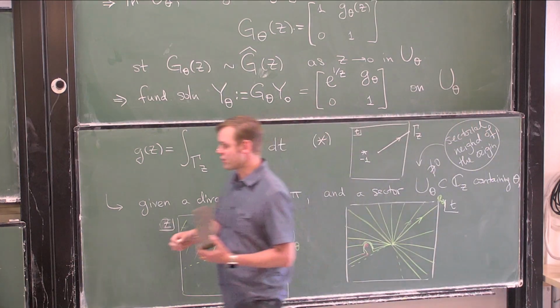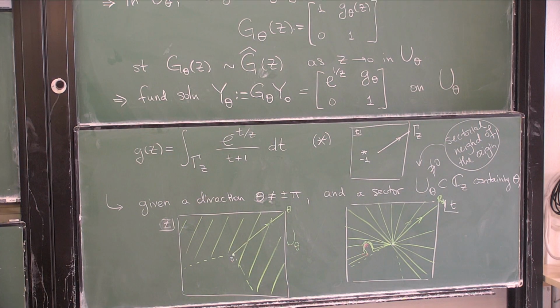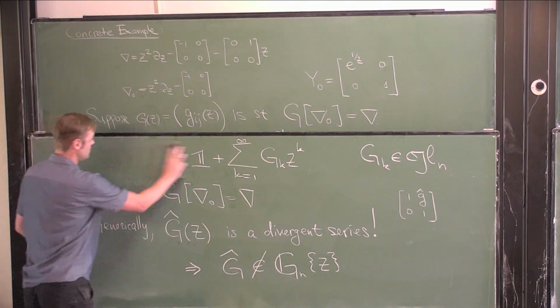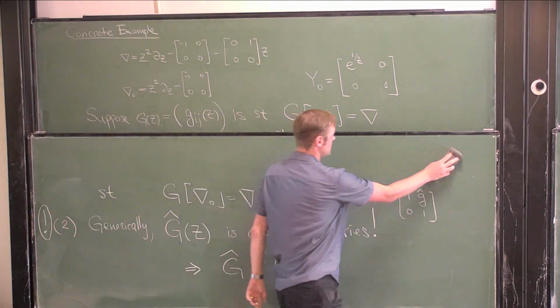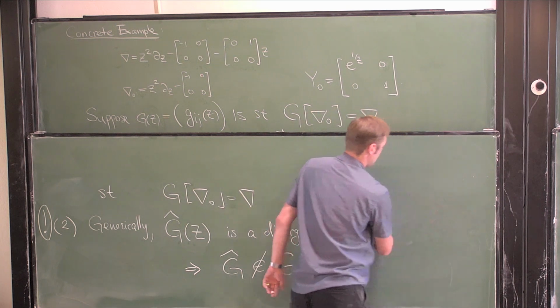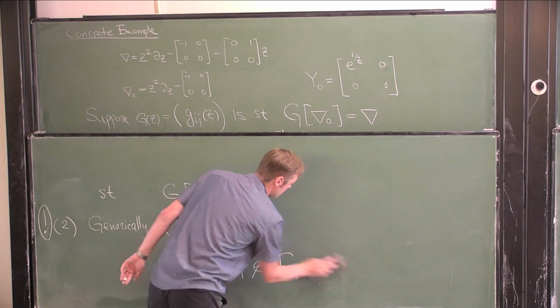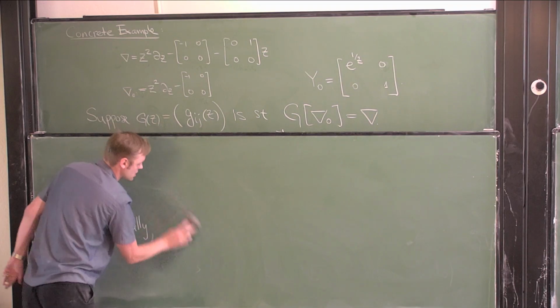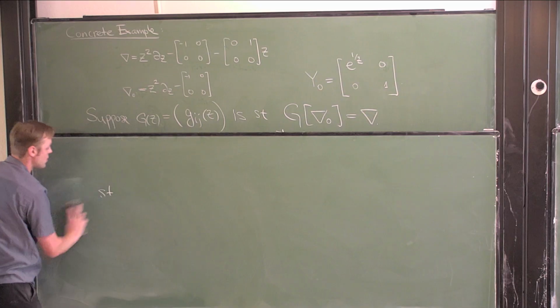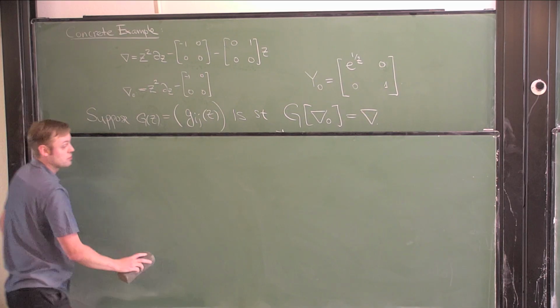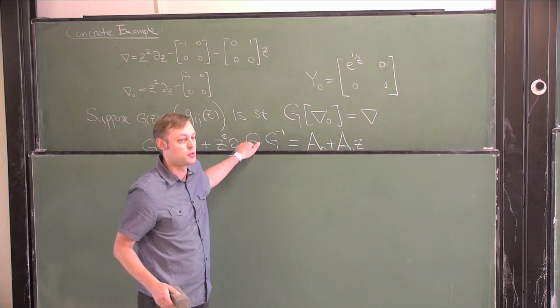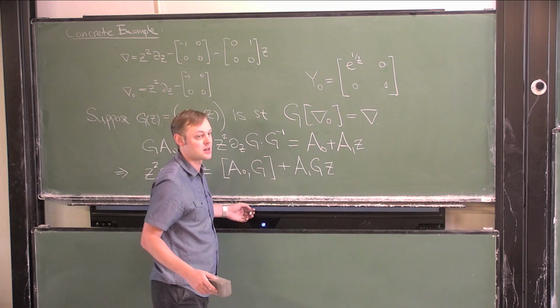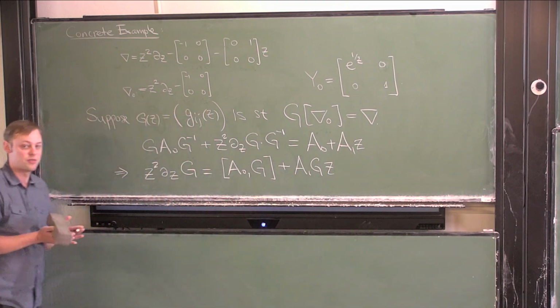What this should trigger in your mind is that if we're studying systems with irregular singularities, the analysis we've made so far says there are no gauge transformations holomorphic at 0 which can put my system into some normal form. The only thing I can get is something defined in a sector.